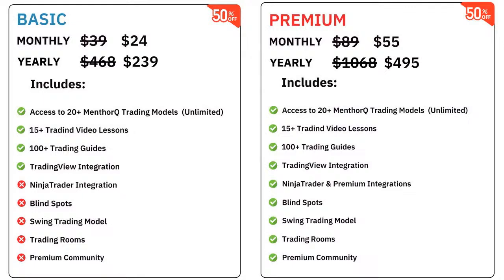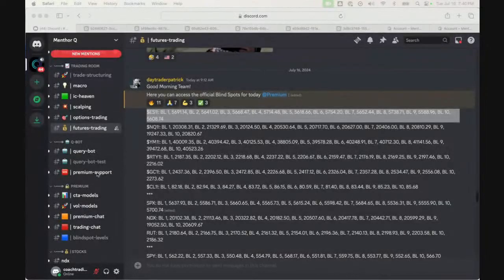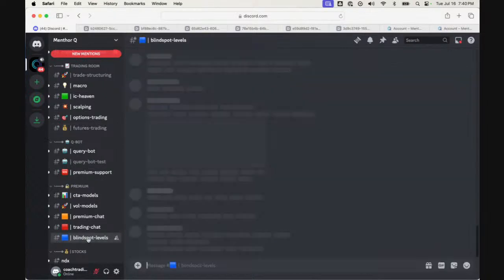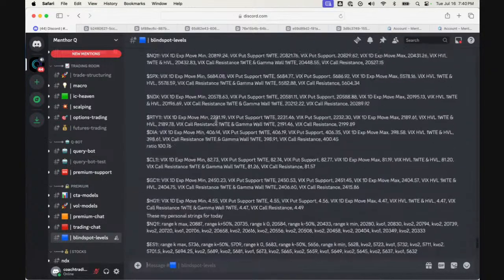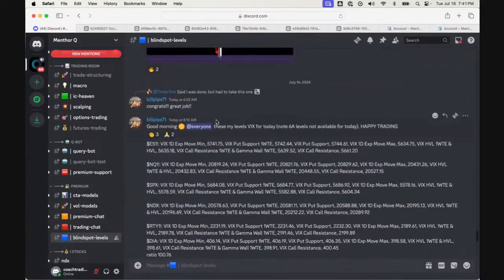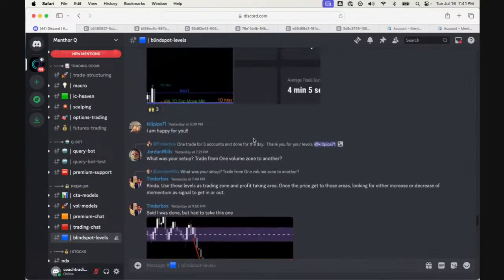Yeah, exactly. So if we go back, let's show this again. One of the things to highlight is that the more users we get, the more diversity of strategies are brought to the table, right? We created a chat room called the blind spot level, where users contribute using their own methods. They take our gamma levels and create iterations of their calculations.